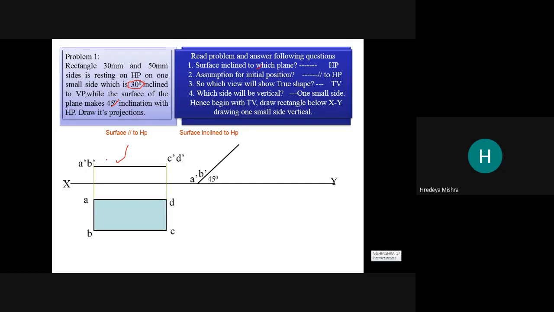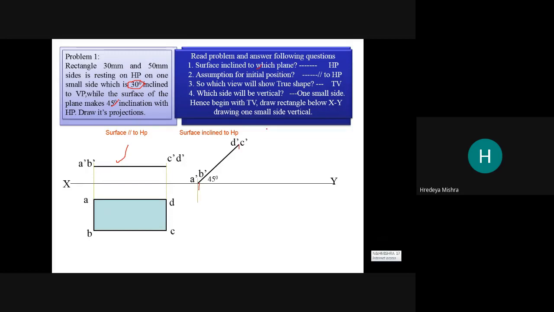See, because this is only a line. And this is CD, because this length is given, this length is the true length. Okay, so 50 mm is there, this length is 50 mm. Now draw the projection from here and from here.